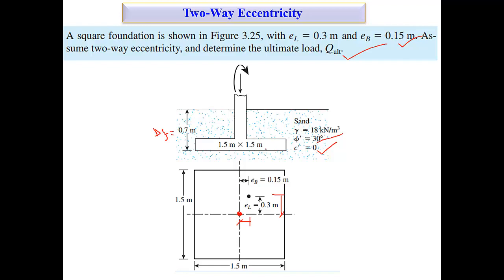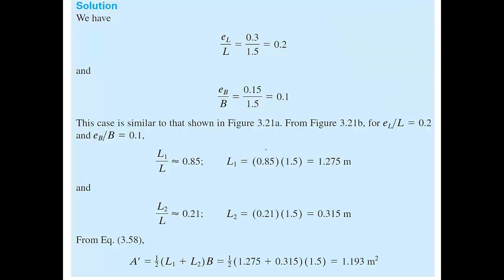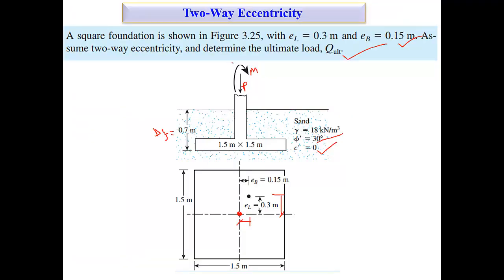Due to this load, they denoted the eccentricity with M, and this might be the self weight. So what we need to do here is find out the ultimate load.